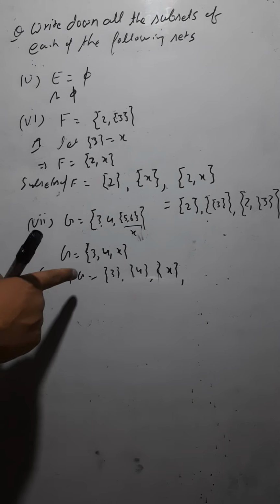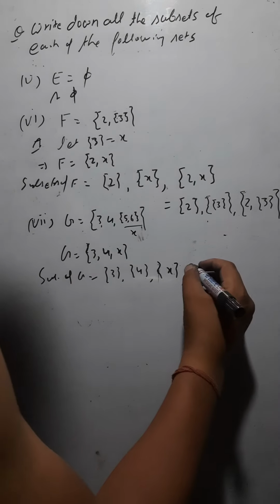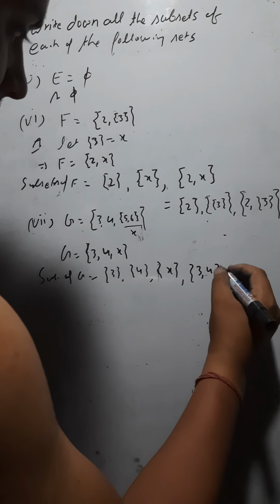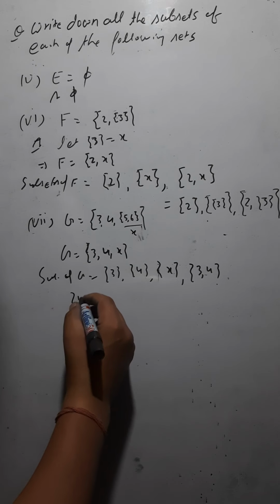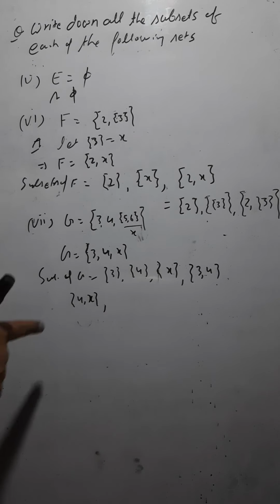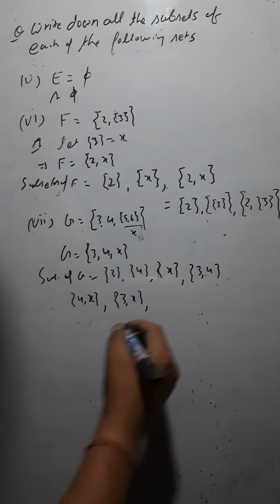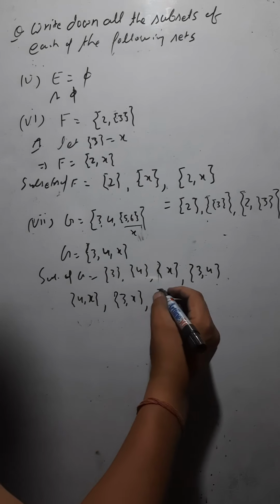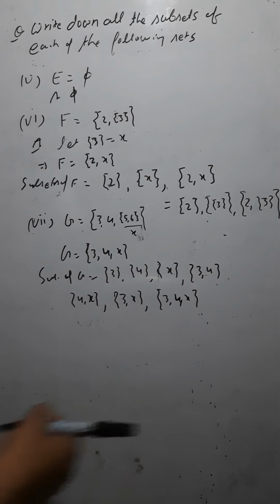Then next 3, 4, X, all, then 3, 4 together also you can write. Then what? 4 and X together also you can write. Then 3 and X also together you can write. Then all these three also you can write. 3, 4, comma X.